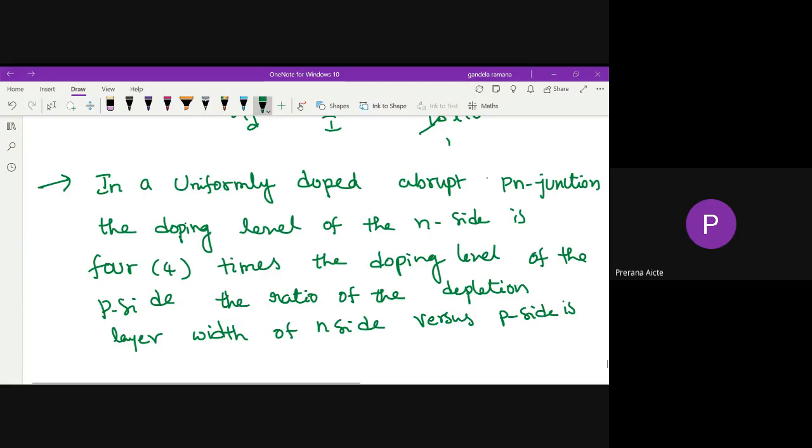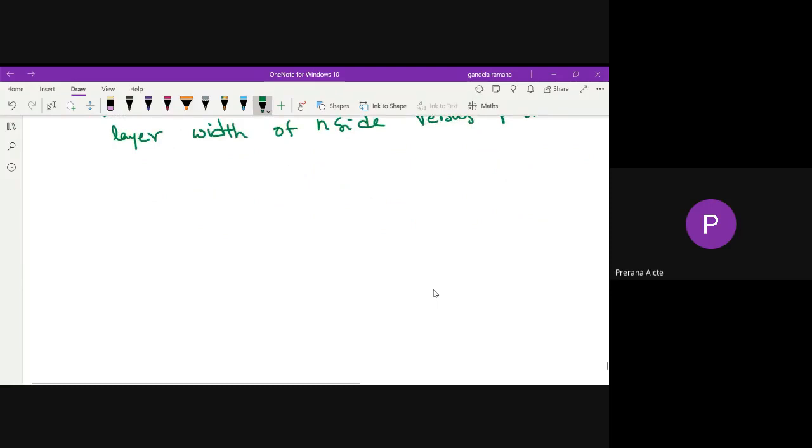This question is from 1990, a 2 marks question. It is related to the width of the depletion layer. N side doping is 4 times the doping level of the P side, so that means Nd is equal to 4 Na. What is the relation?